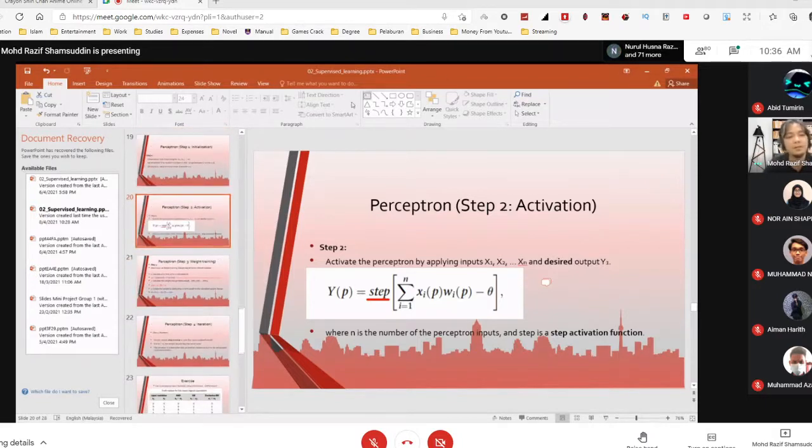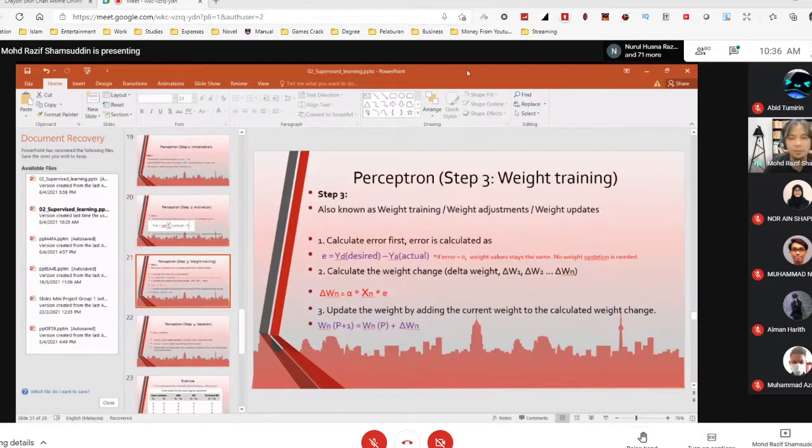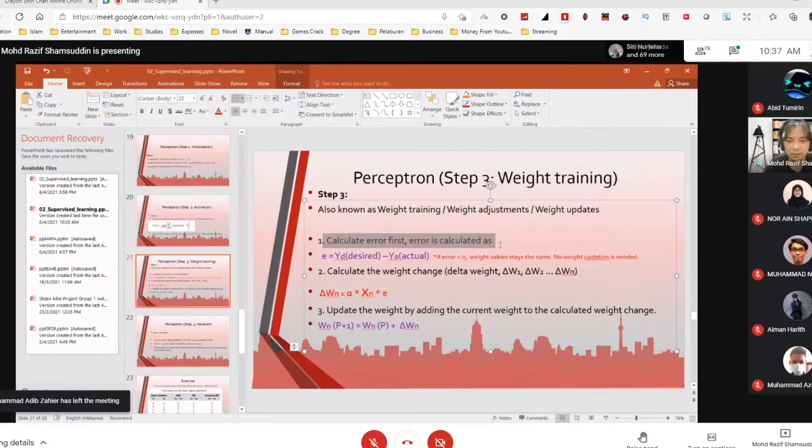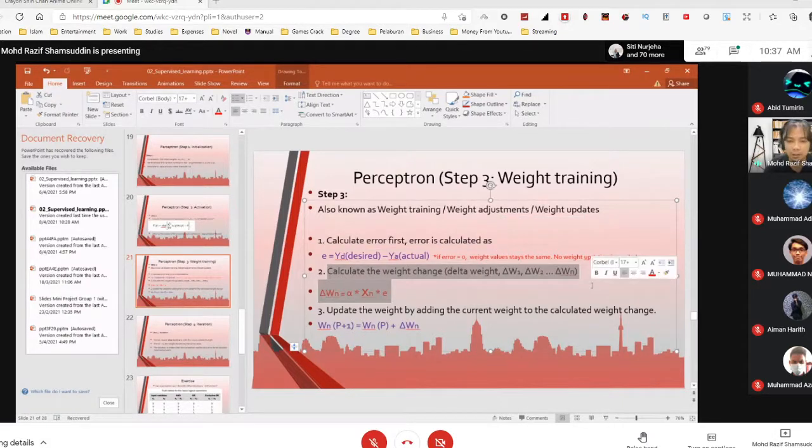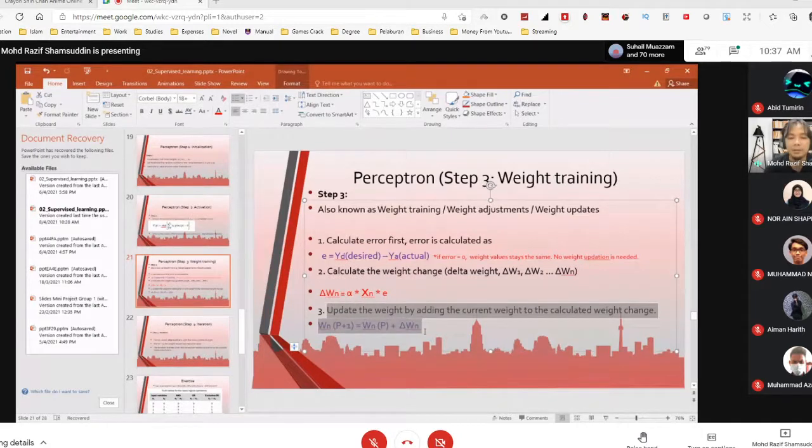Alright. So perceptron, step 3, weight training. This weight training is the one you can break down. If you learn with another lecturer, their steps are longer. With me there are 4 steps, but for weight training, you calculate the error, which can be one step, then calculate the delta weight, another step, and then calculate the update of the final weight, the third step.